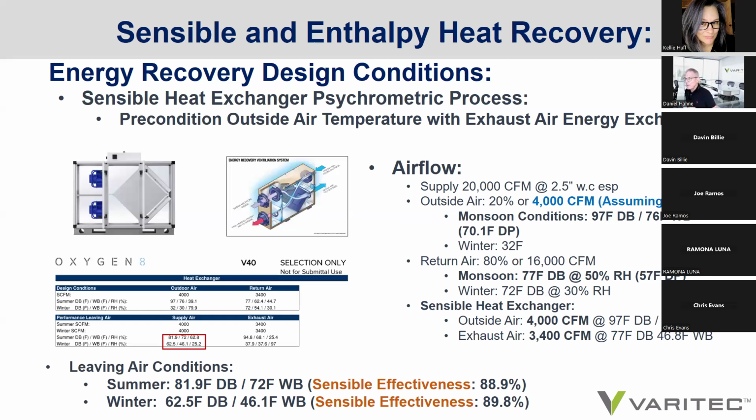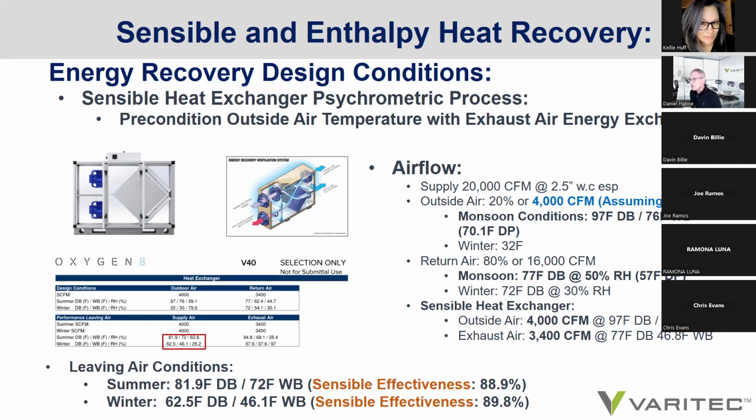Let's look at the 20,000 CFM air handler that had an outside air requirement of 4,000 CFM, and that's what we're going to look at for our airflow requirement. And then to determine how much exhaust air, we have to make sure that the exhaust air is less than the outside air to maintain your building positive pressure, which is usually at about 0.01 inches of static.